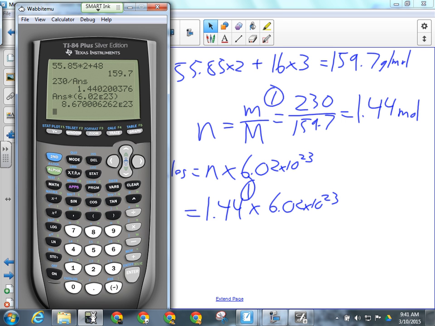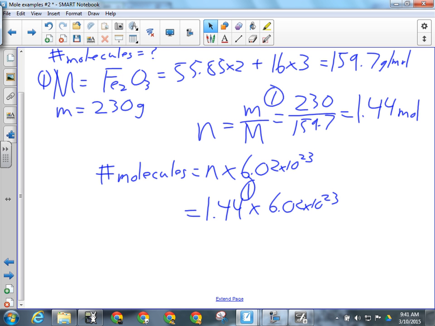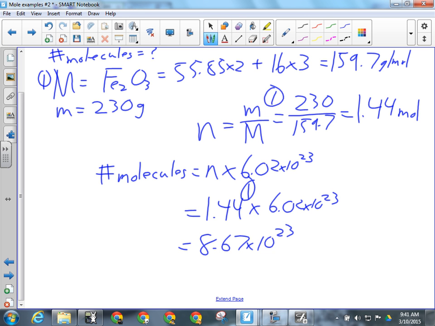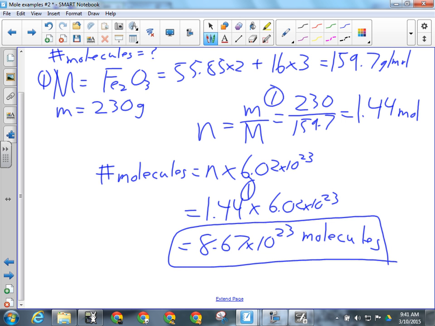So it says I have 8.67 times 10 to the 23 molecules of iron 3 oxide. That'd be a 4-mark question.